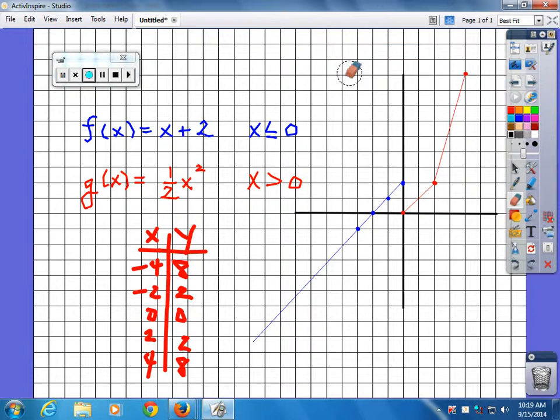Now, could I have a closed circle right here and it just goes from negative 15 to 0? Yes. That's right here. Now, what kind of circle goes on the blue? A closed circle. So you need to make that one a little bit bigger. Like that.